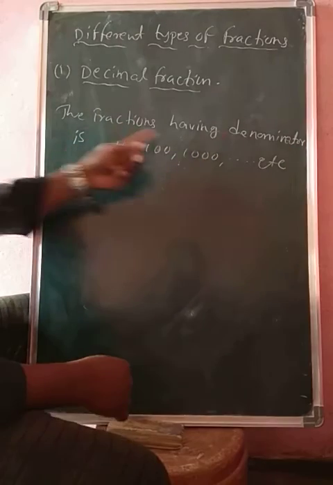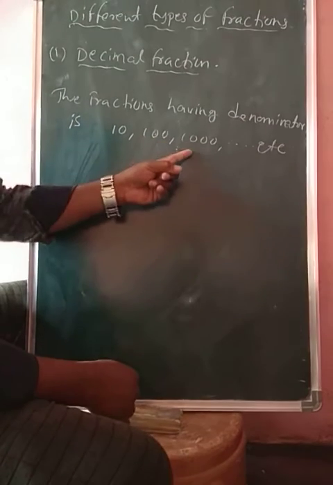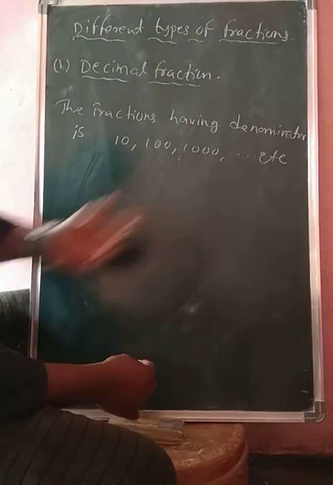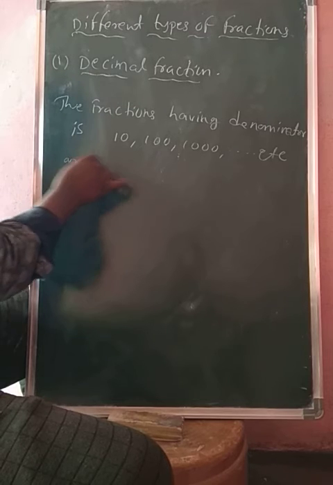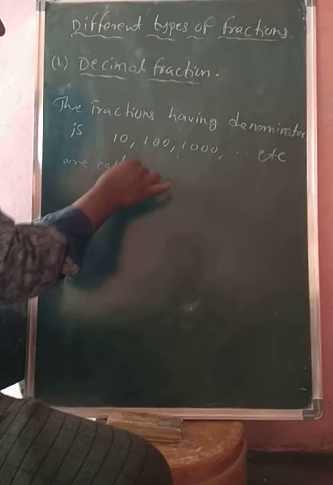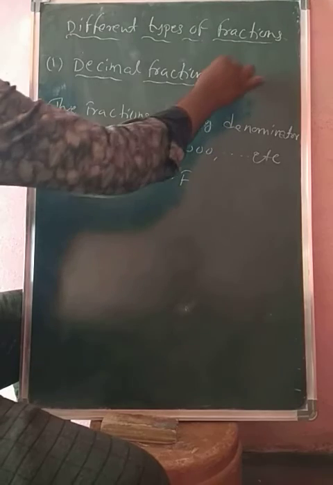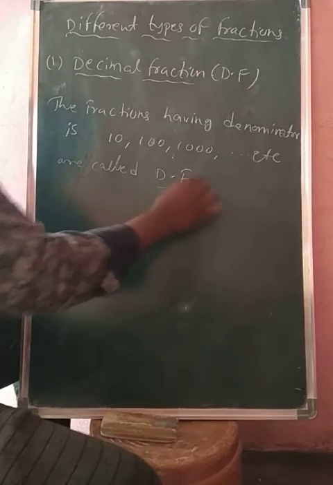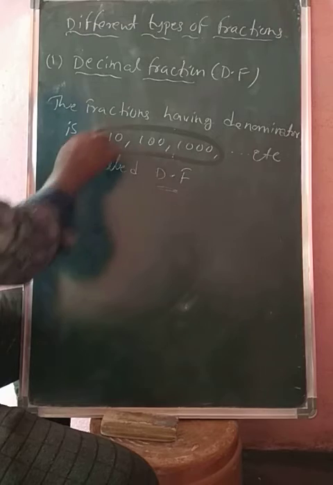The fractions having denominator 10, 100, 1000, simply a power of 10, are called decimal fractions. Simply, the denominator should be a power of 10.